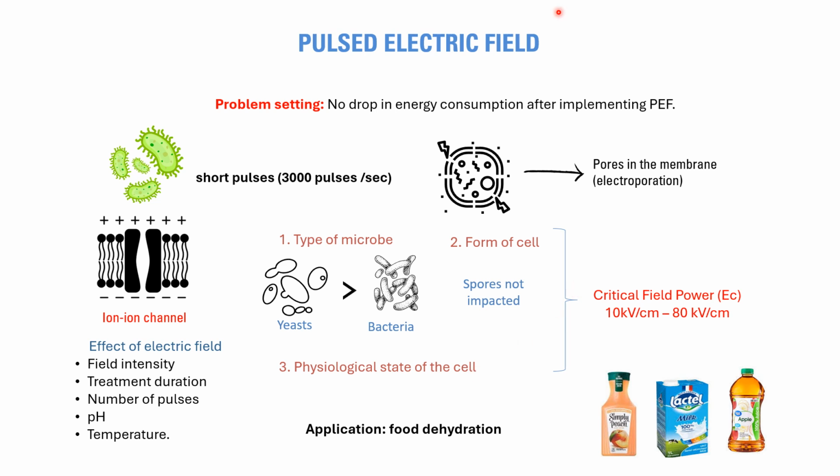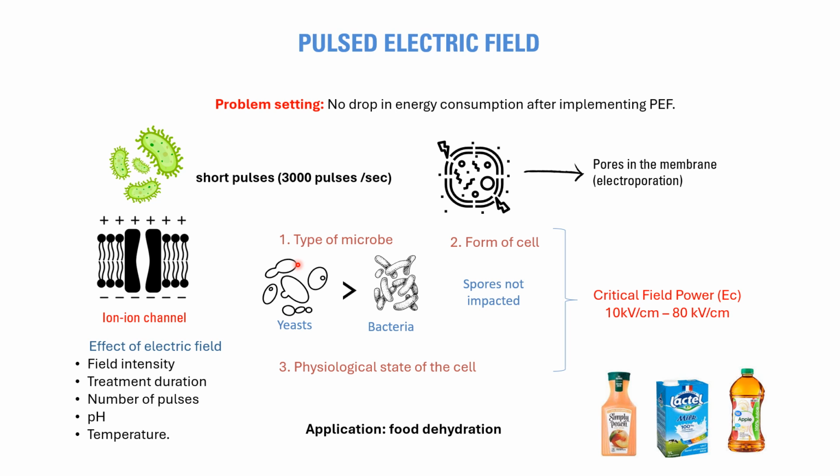Now, how can this be applied to food dehydration process and how does it help in reduction of drying times? So, if you apply electric field to cells, cells are made more permeable. This means that more moisture can escape from your cells and it can evaporate quickly, meaning your drying time is drastically reduced.